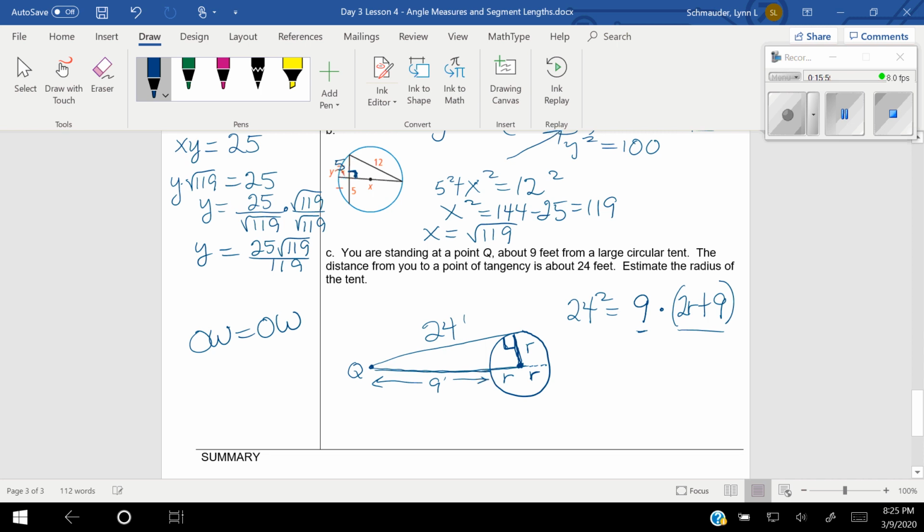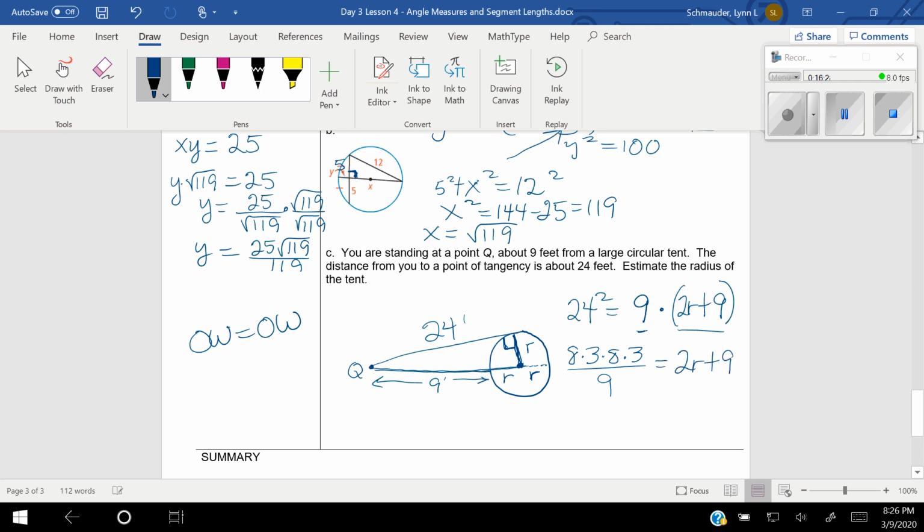So let's see what we got here. I wonder if I can... 24 squared. Let me try something here. Let's see, 24 squared is 8 times 3 times 8 times 3. What if I divide that by 9?